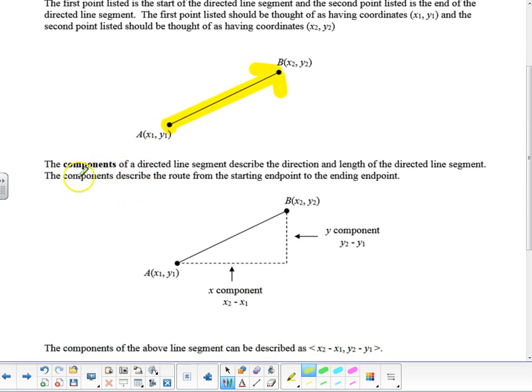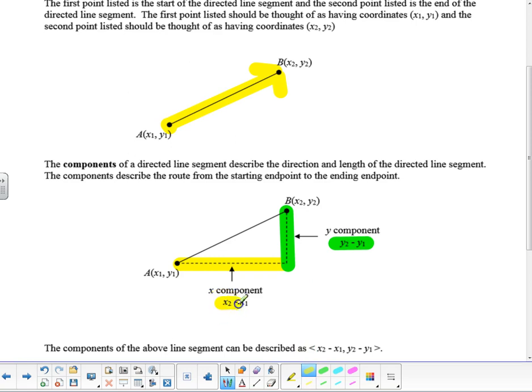Now, in addition to the direction, we have components. The components of a directed line segment describe the direction and length of a directed line segment. The components describe the route from the starting endpoint to the ending endpoint. So the x component is how the x value is going to change, and the y component is how the y value is going to change.